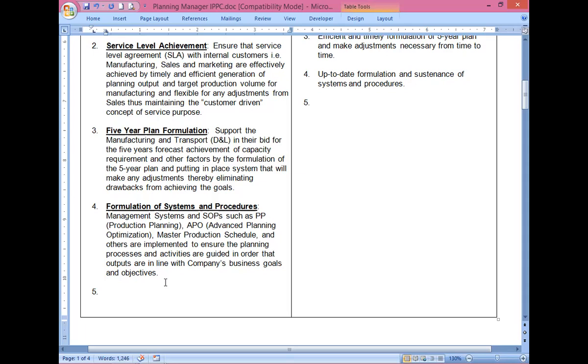Budgeting, manpower, man planning, continuous improvement, and I can write maybe 7 or 8. Maybe I would write the training, I would say learning and development.